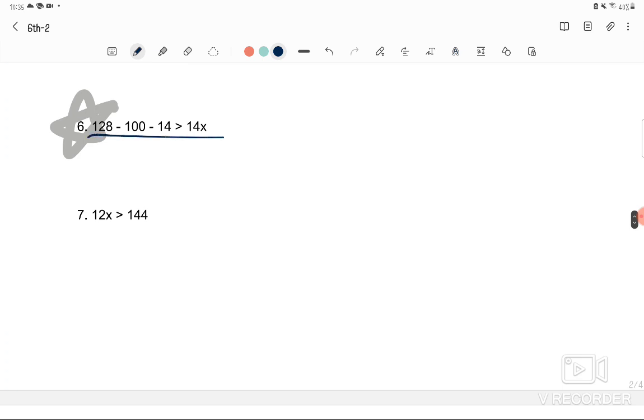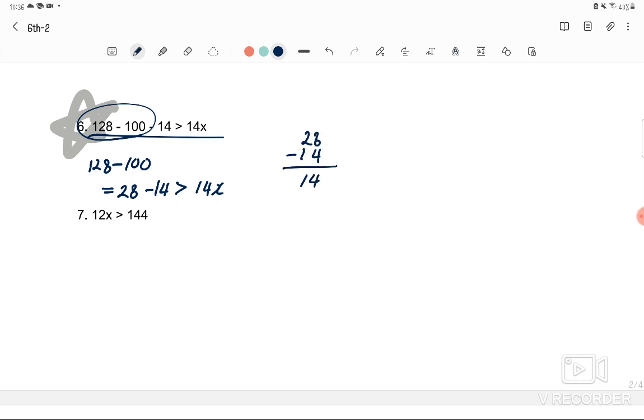And let's solve kind of a big number. Okay, so it doesn't matter which number you solve first because there's no parentheses. So let's do 128 minus 100, which equals 28. And 28 minus 14 is greater than 14x. So 28 minus 14 is 14, so 14 is greater than 14x. Like I said, you don't change the sign if you just add or subtract a negative or positive number.